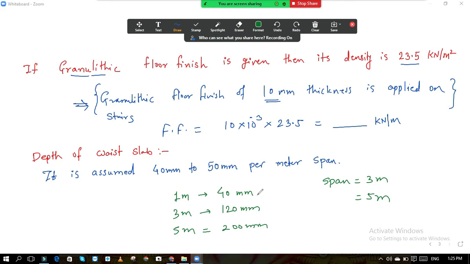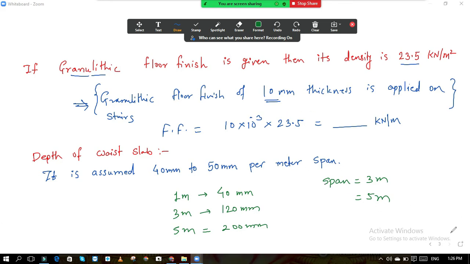Either you should take 40 mm or 45 mm or 50 mm. In my opinion the best way is to consider 40 mm. Always assume the depth of the waist slab is 40 mm per meter span. Okay, so this is about the loading and the depth.